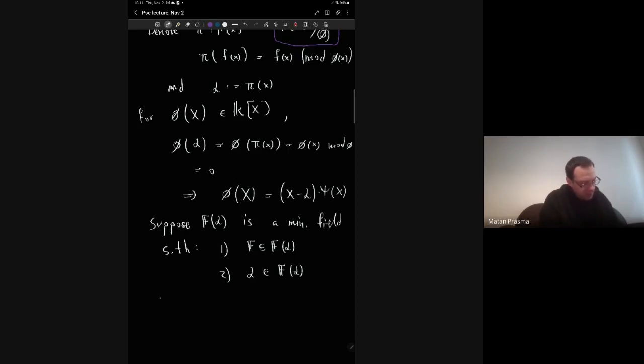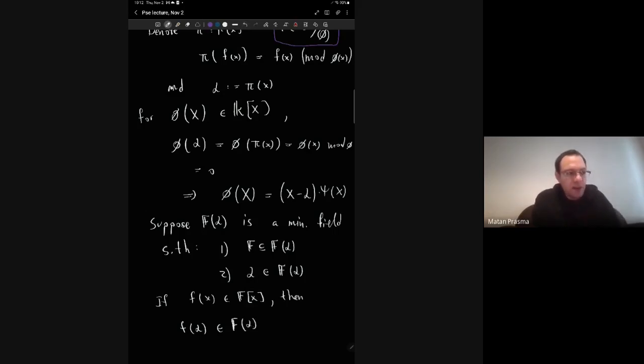Clearly, if I take any polynomial and I substitute alpha in this polynomial, I have to get an element in F of alpha, because F of alpha is a field.